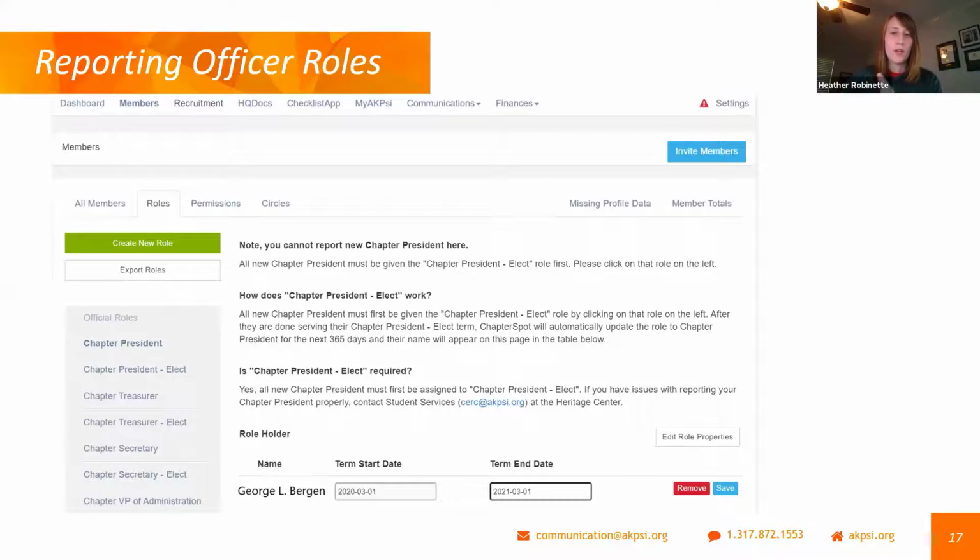So I usually tell people put it in for at least 24 hours, and give it 2 to 3 days, the system will switch it over itself. It just takes a little bit of patience. But then it'll automatically move you from elect to the actual position, as Courtney mentioned, and then you will start receiving the information you need, and you will also have the access you need from there.